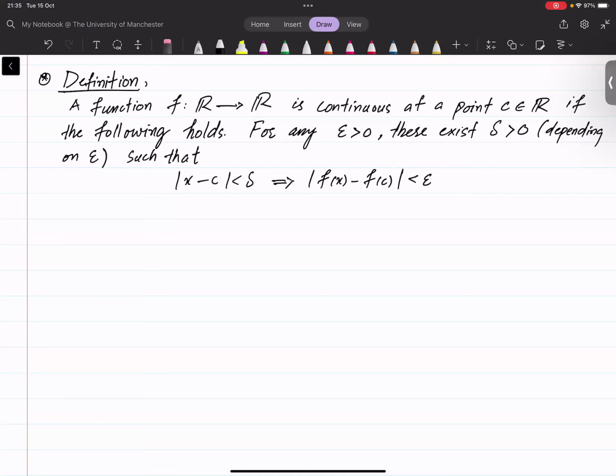This is the formal definition for the continuous function.